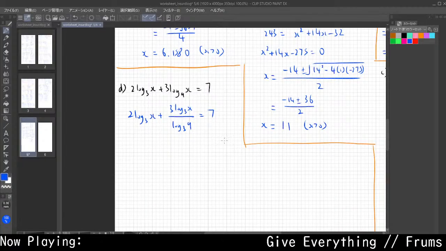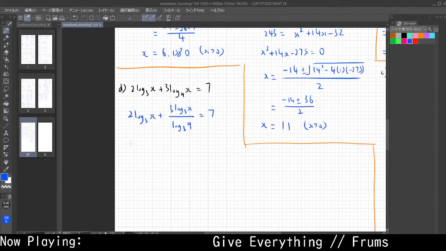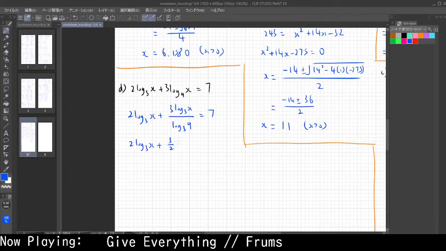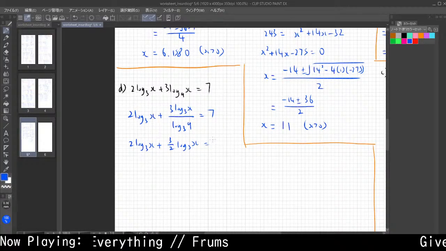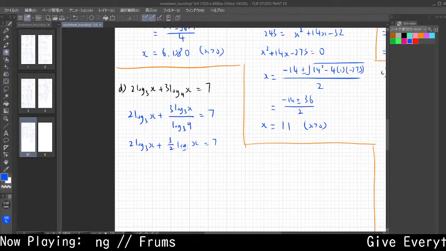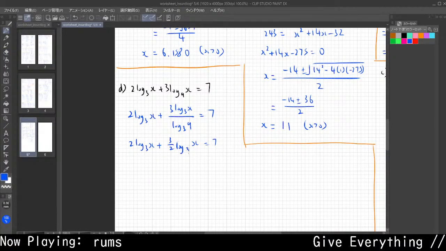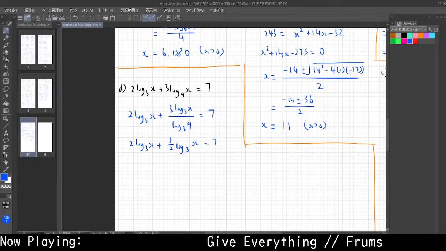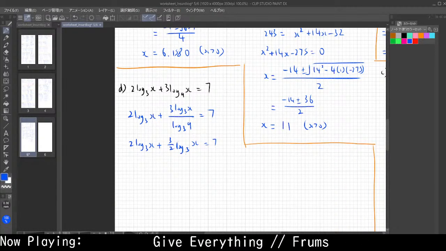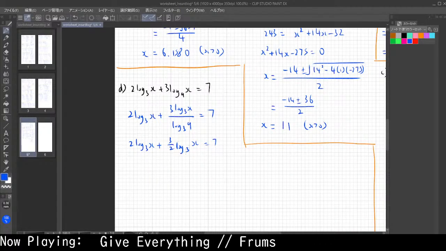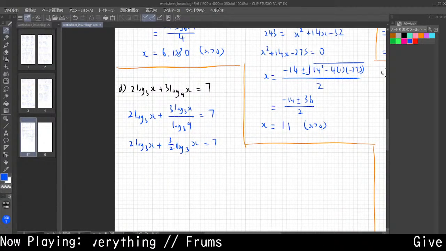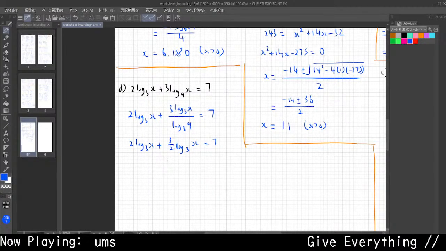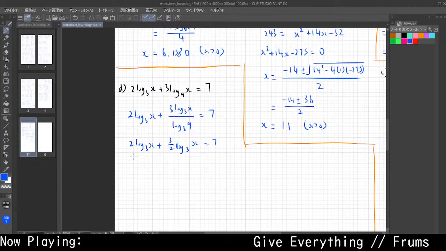So you get 2 log base 3 of x plus 3 over 2 log base 3 of x. You can turn this into one single log, but first and foremost, you can add them together because log base 3 of x is the exact same thing, so treat it as one single variable. 2 plus 3 over 2 gives 7 over 2.